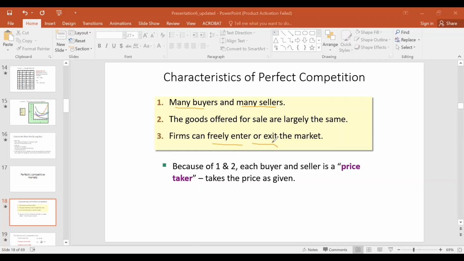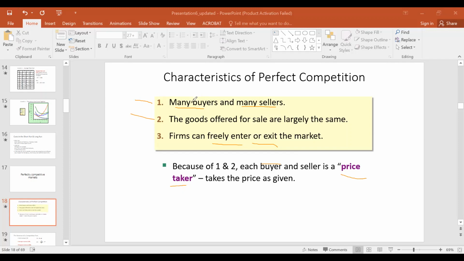Now, because of the requirements in 1 and 2, we say that the buyers and the sellers are all price takers. They take the price as determined by the market. You've seen in previous lectures how demand and supply interact, what we call the invisible hand, and arrive at the equilibrium price.